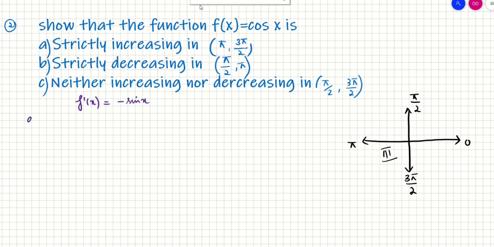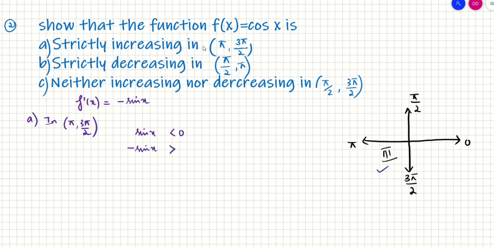Now, let's consider the sub-question 1. In the interval pi to 3 pi by 2. Now, pi to 3 pi by 2 is nothing but the third quadrant. And we know that in third quadrant, sine is negative. So, sin x is less than 0 in the third quadrant. So, what happens to minus sin x?